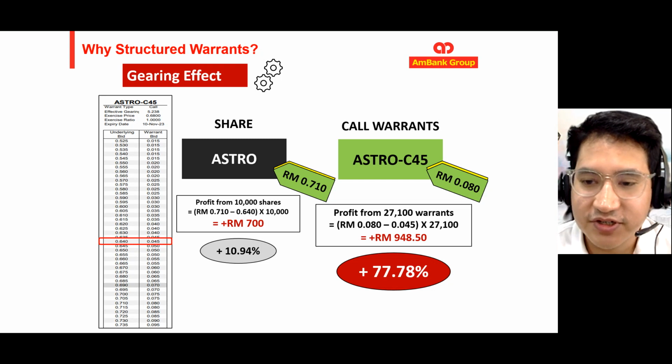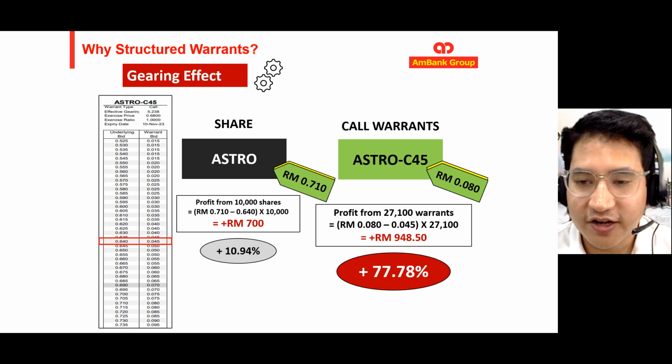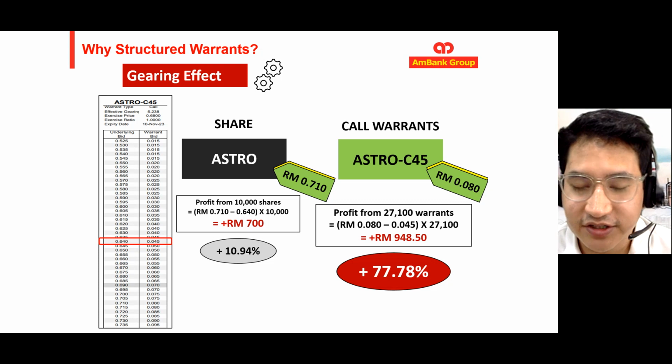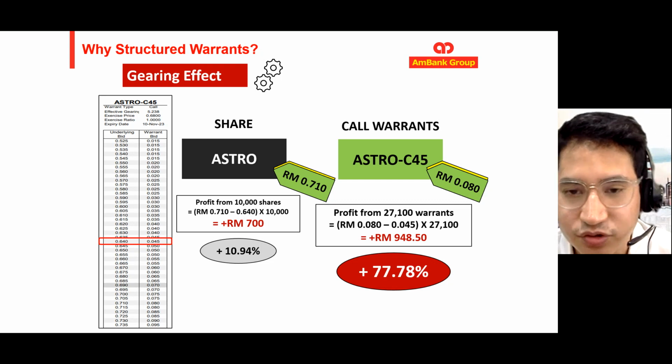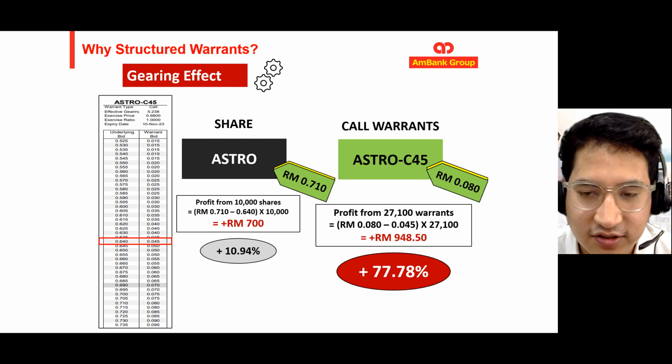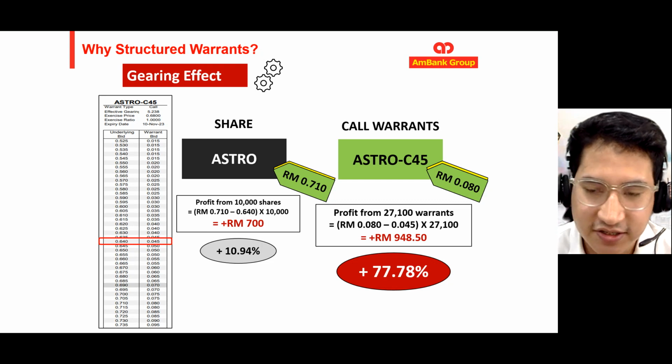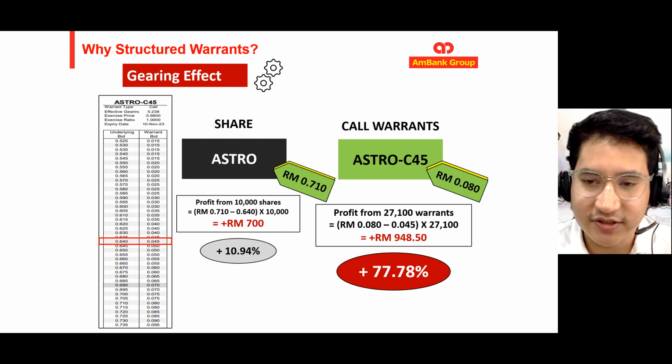So this is one of the reasons why structured warrants are very popular amongst short-term traders, or at least people who have a strong view on the underlying, and they want to enter and make as much money as they can. They go for the structured warrants instead.